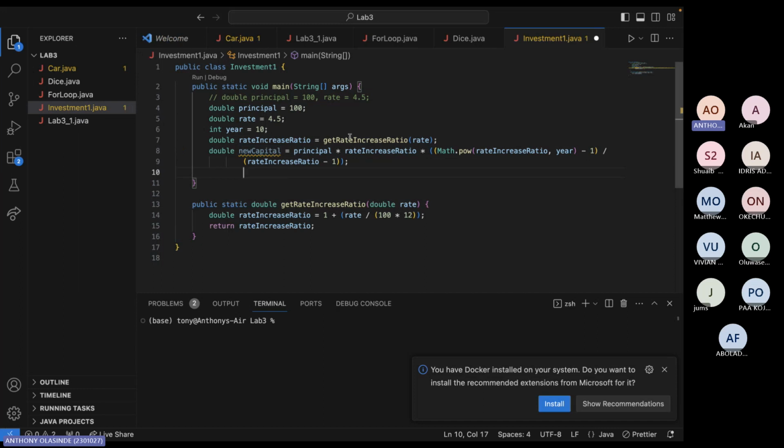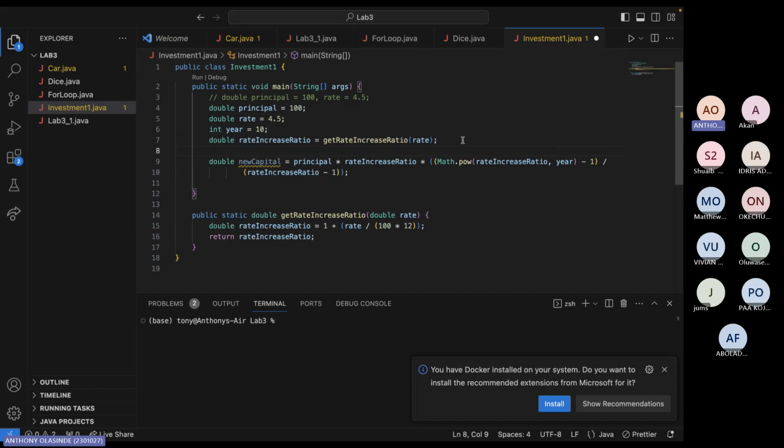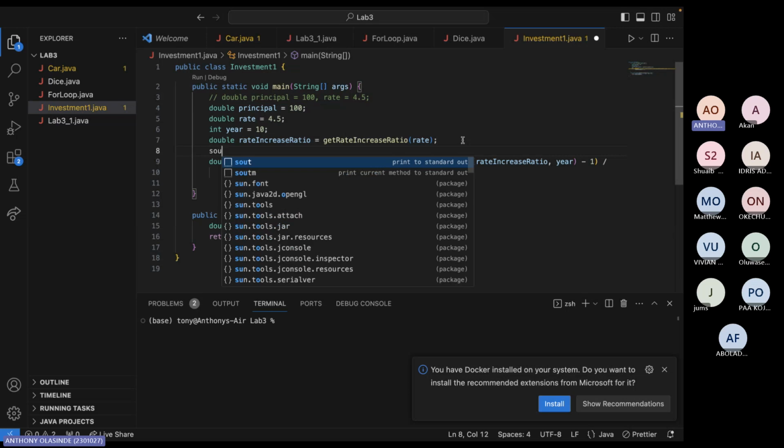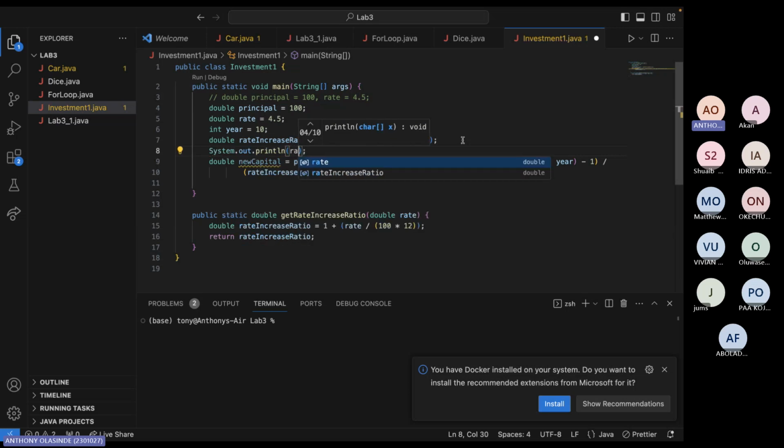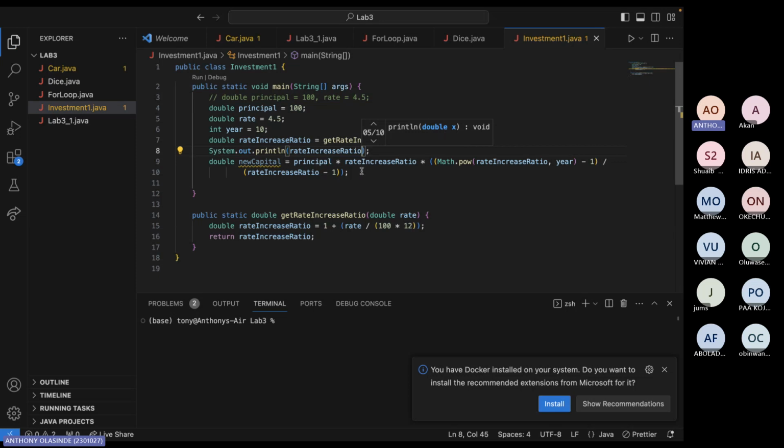So if you just want to check your stuff out, you can check out the results you got from rate increase ratio. So you want to see what is rate increase ratio. You also want to see, let's just do something interesting.